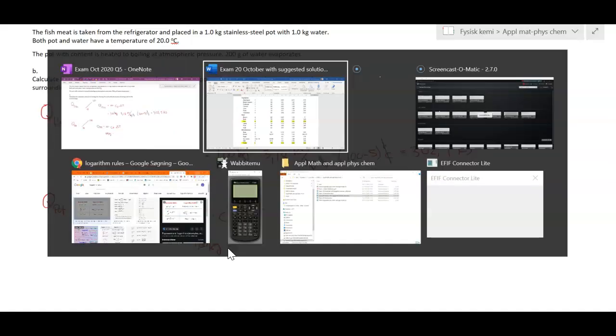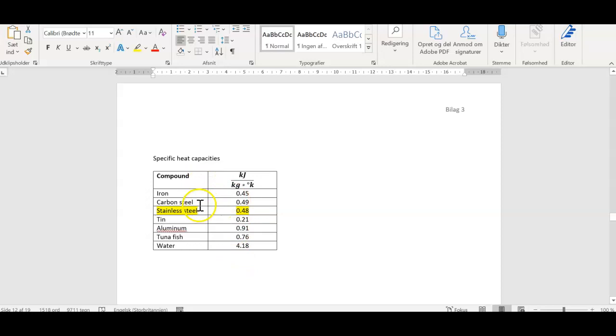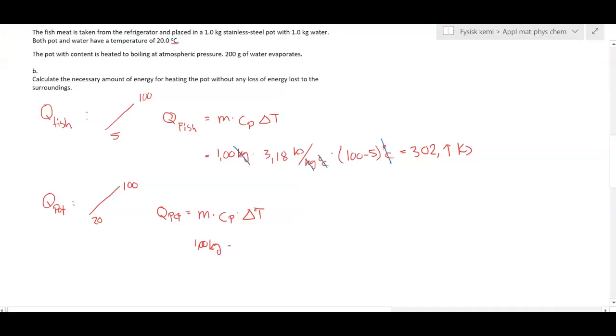Cp for steel. Then we go to the tables here and we say that we have a specific heat capacity for stainless steel 0.48. So that is 0.48 kilojoules per kilo per degree centigrade.